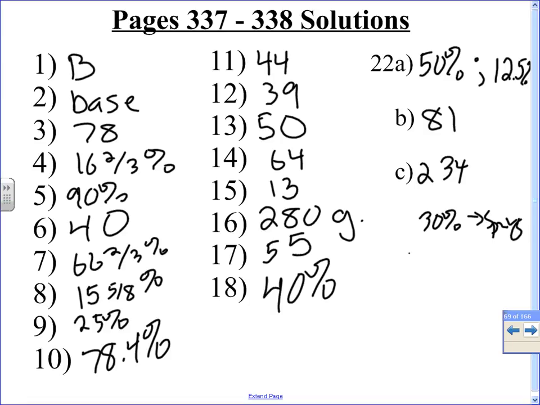So then to get that, you have x over 780 equals 30 over 100. Oh, I see, yeah, but the first thing you did got you to 30%. So you're correct. What you told me gets you to 30%, but then you have to use this to get you to 234. But you're good.